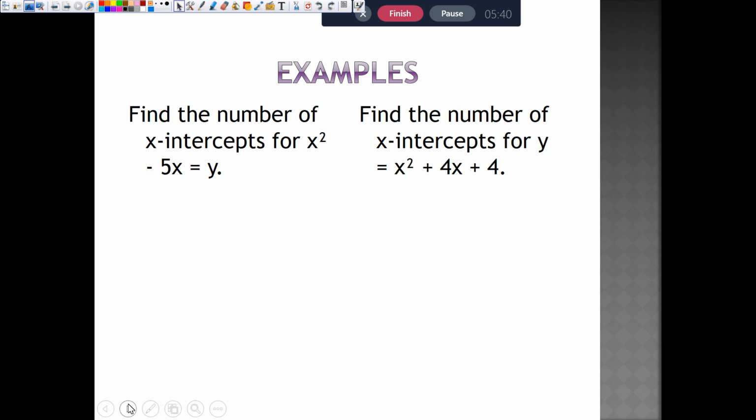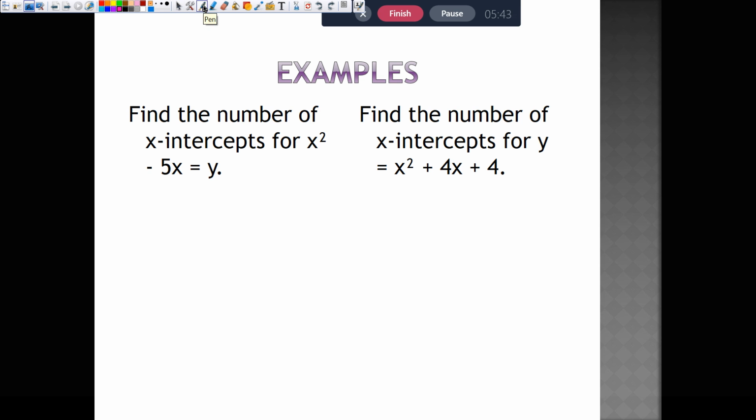So let's try this one. It says find the number of x-intercepts for x squared minus 5x equals y. Okay? So we're setting our y equal to 0. So this will be x squared minus 5x. What is my c? 0. Equals 0. Okay, so negative 5 squared minus 4 times 1 times 0.